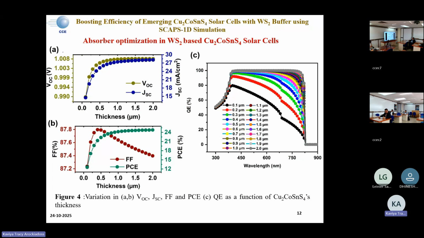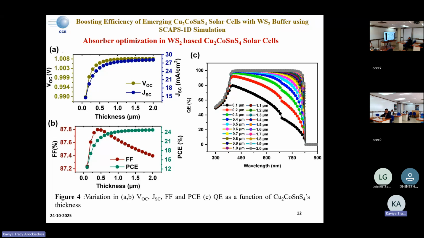Then moving on to the thickness optimization, we optimized the thickness by tuning it from 100 to 2000 nanometer. We could see that as the thickness increases, the efficiency increases, but we could see a significant variation only up to around 800 to 900 nanometer. After that, it saturates.